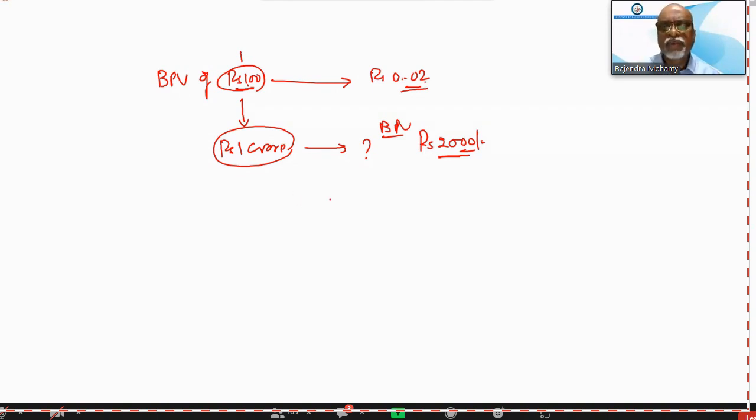So now, if we know this, the BPV of the bond is this much. BPV of 1 crore value of the stock is 2000 rupees. Now we can easily calculate the gain or loss for a given change in the market rate.